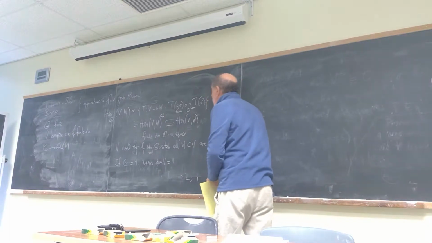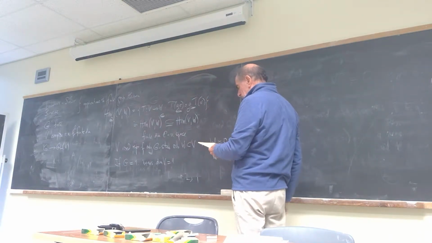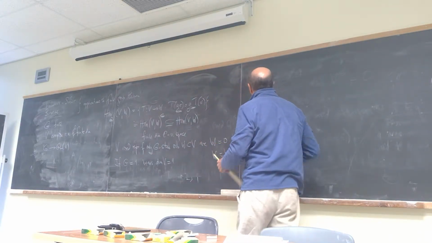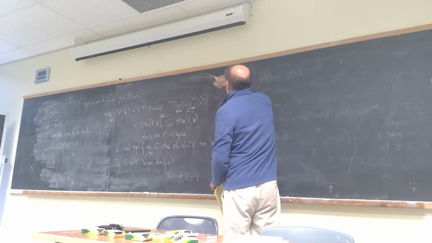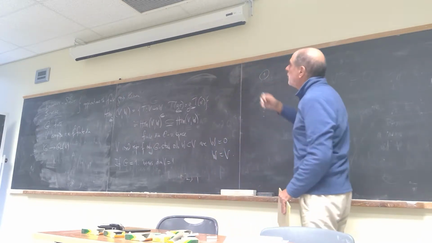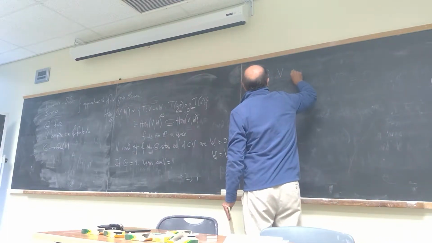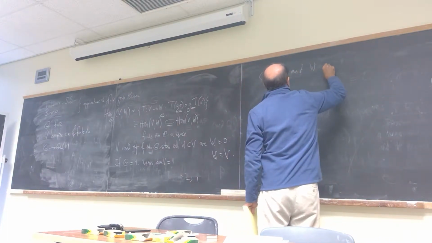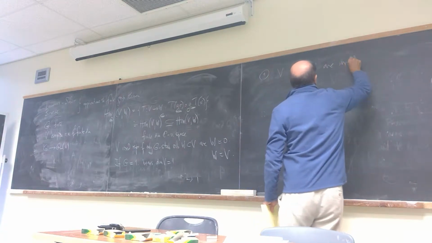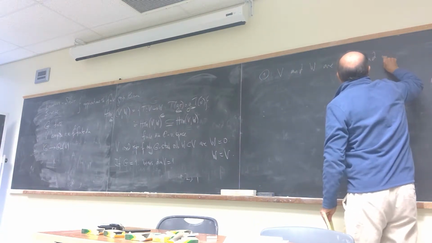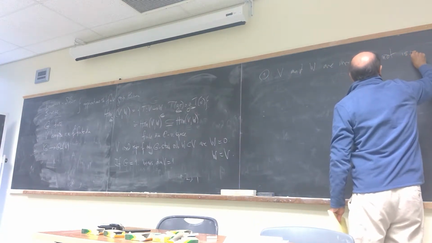But Schur proved that they act a little like one-dimensional vector spaces because you have the following result. So I'll just keep listing results in the theory of finite groups, and we'll prove a few of them. So the first thing is if V and W are irreducible and not isomorphic.